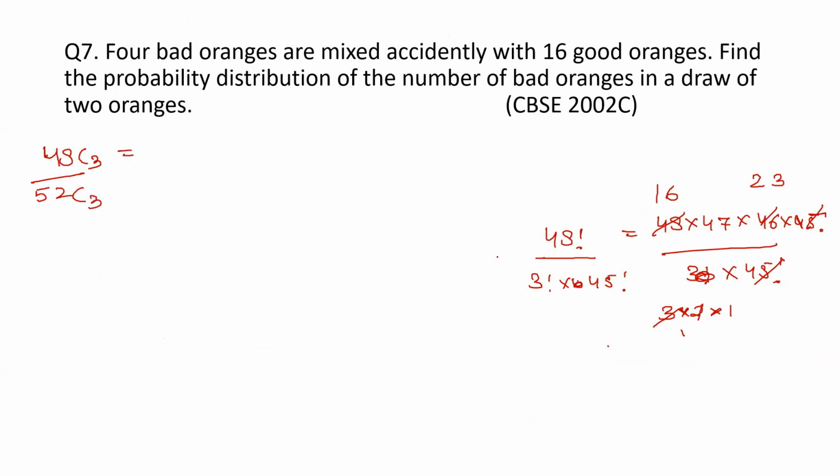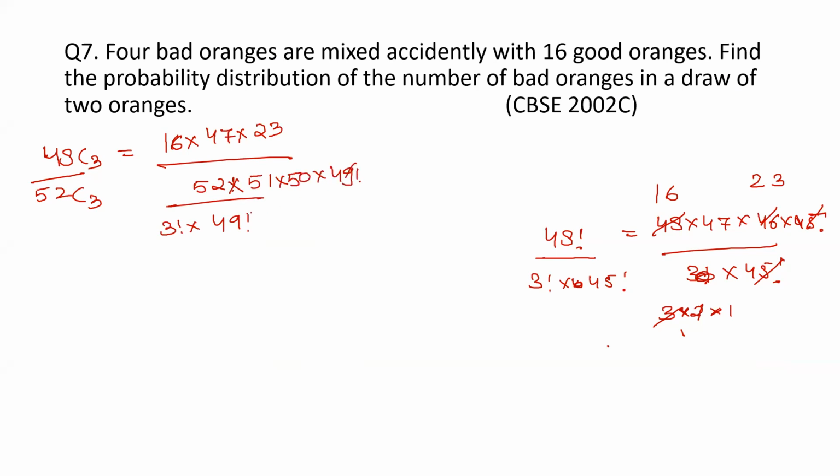Here we have done 48C3. So what are you getting? 16 into 47 into 23. In the denominator you will have 52 factorial by 3 factorial into 49 factorial. That means 52 into 51 into 50 into 49, so the 49 factorial will get cancelled out. 3 factorial means 3 into 2.